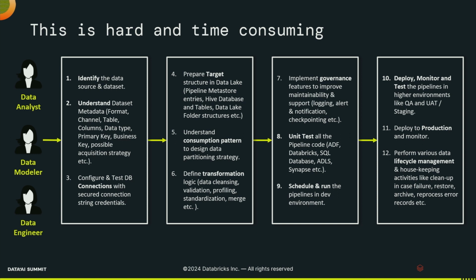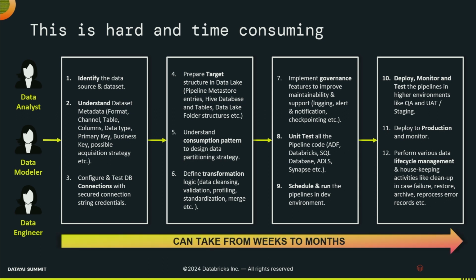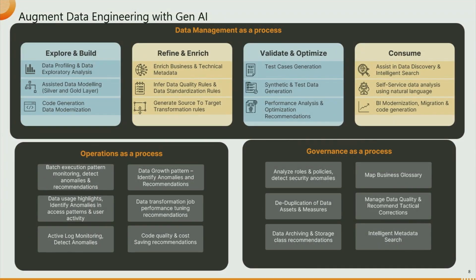Right? This is hard, time consuming, but very well worthwhile. But how can we accelerate this entire process from taking weeks and months to a shorter time? This is critical to what we believe is in unlocking the value of AI in the organization.